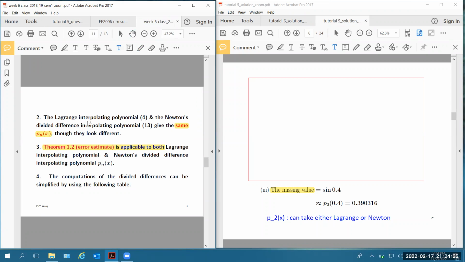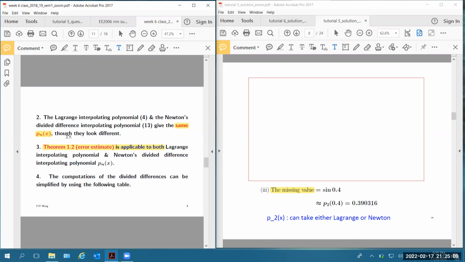The Lagrange interpolating polynomial and the Newton's divided difference interpolating polynomial, although they look different, give you the same P_n(x). So this P_n(x) is actually unique. No matter what method you use, you will get the same answer if you multiply out everything.